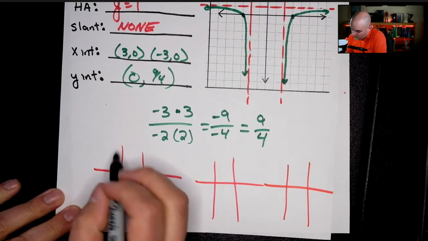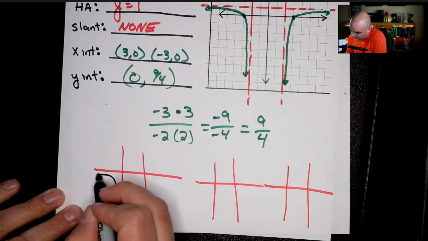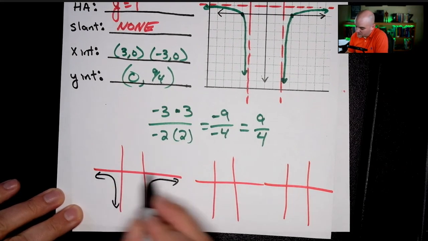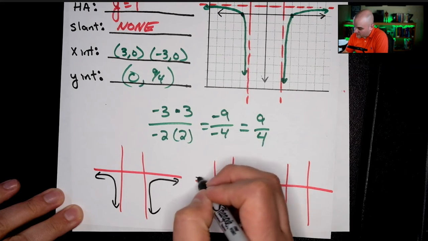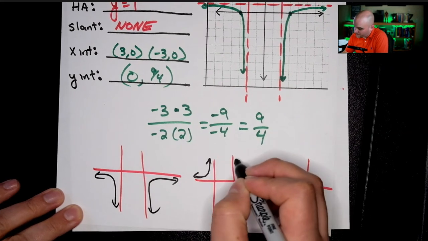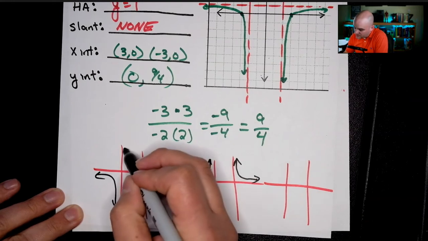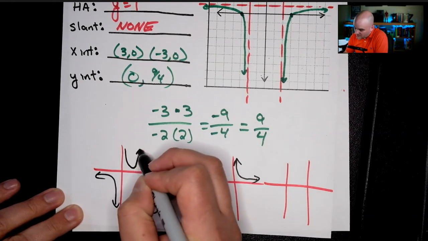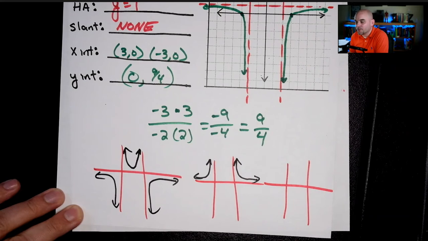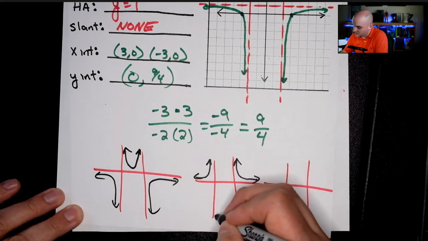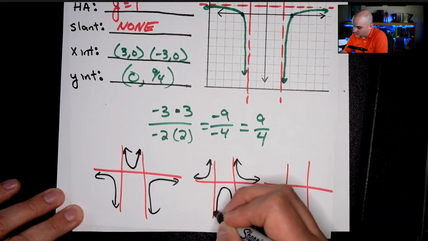You can have what we've got currently, where they're on the same side of that horizontal. You can also have them up here on the same side, right? And if that's the case, this one in the middle kind of looks almost like a parabola in the middle. Same thing down here, but it's never on the same side. It's going to go opposite down here below.